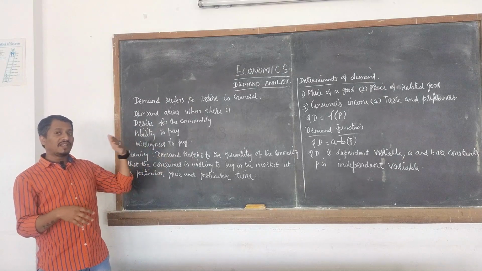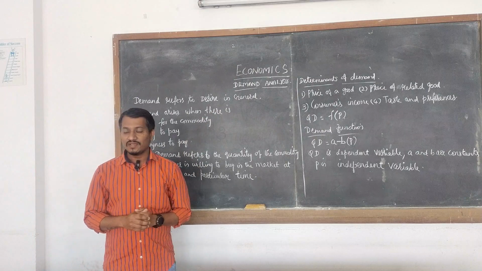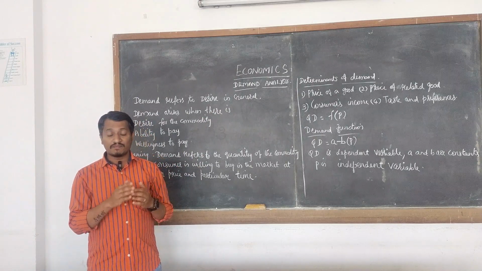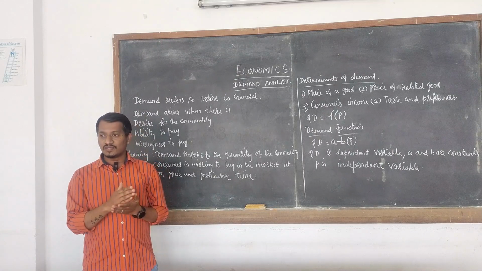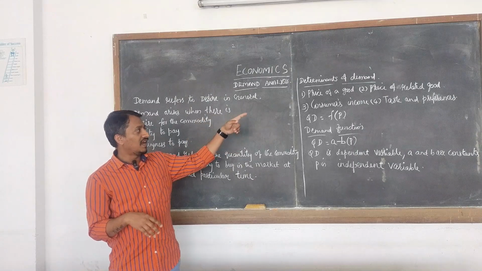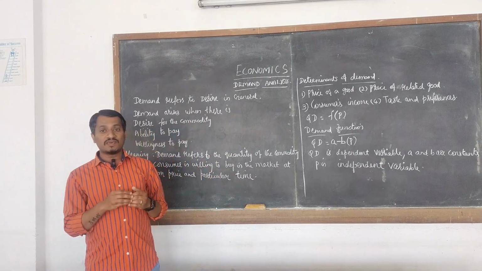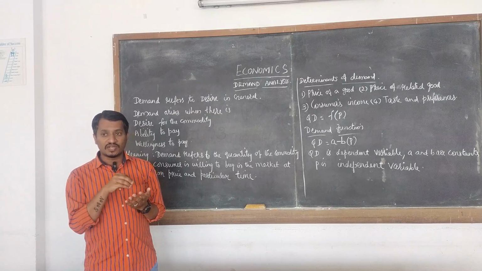So demand depends on what? There are certain determinants of demand. Which are those? The price of a commodity, the price of related goods, consumer's income, as well as taste and preferences. When a consumer is willing to buy a commodity, the price plays an important role.